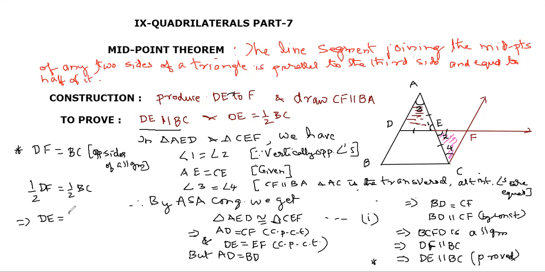Therefore, DE is equal to 1 by 2 BC. So this proves the second part, DE equal to 1 by 2 BC. So this is the proof of the theorem called the midpoint theorem.